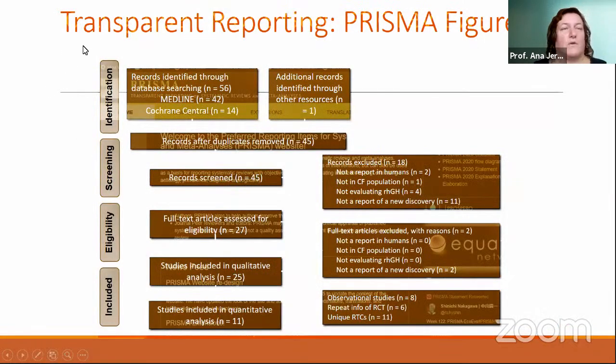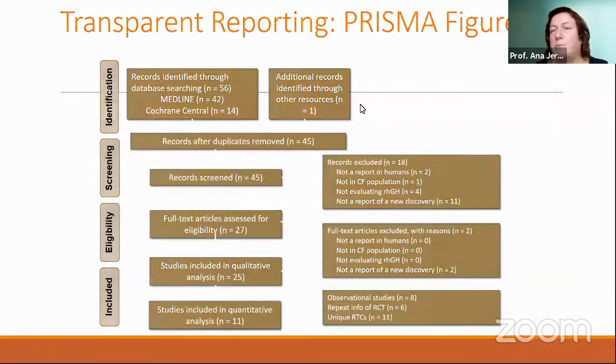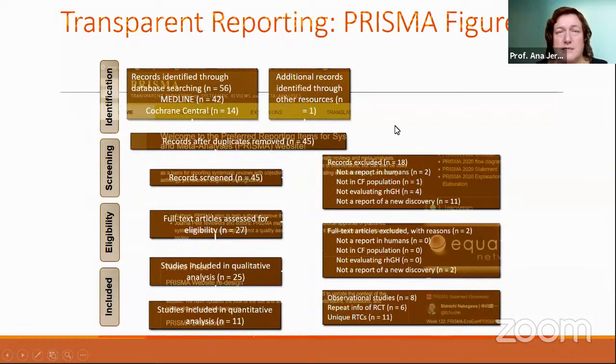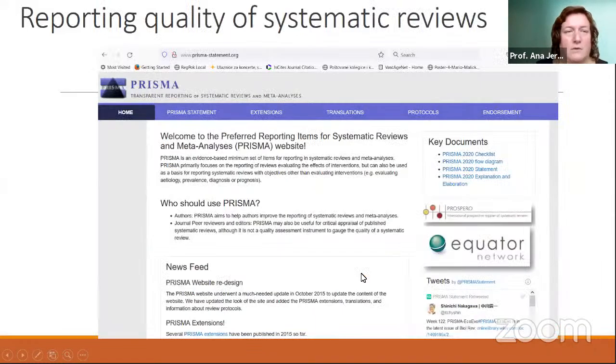One aspect of transparent reporting in PRISMA guidelines is that we need to have a PRISMA flowchart: how we identified studies, what the screening process was, eligibility, and how many studies we included. So the PRISMA statement will tell us and guide us while we are writing and reporting a systematic review.